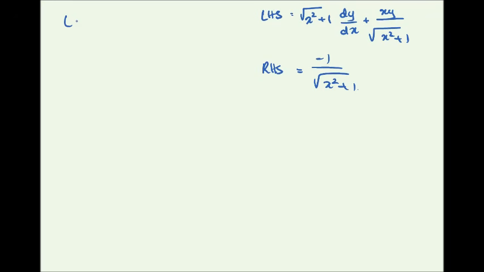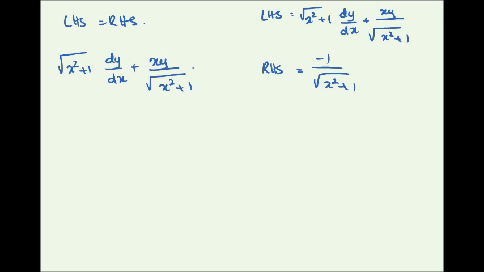We know that LHS is equal to RHS. So, equating these two, √(x²+1) dy/dx plus xy divided by √(x²+1) is equal to minus 1 by √(x²+1).